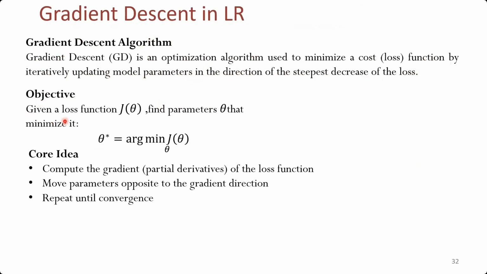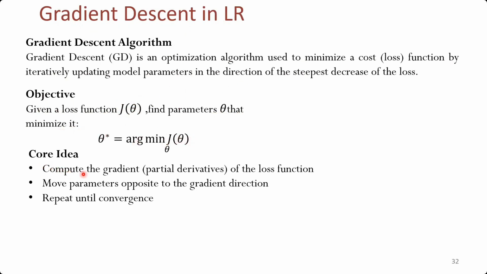The objective is, given a loss function J(theta), where theta is the model parameters. For linear regression, theta is b and m, and we want to find the parameters theta that minimize J(theta).